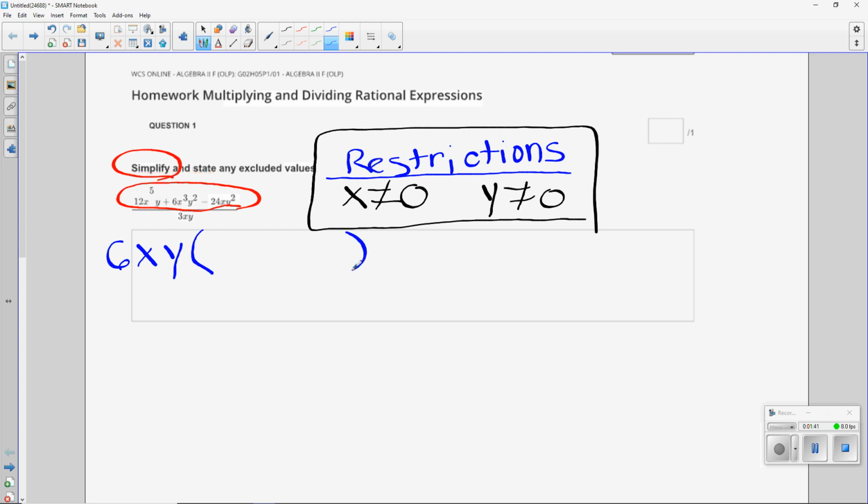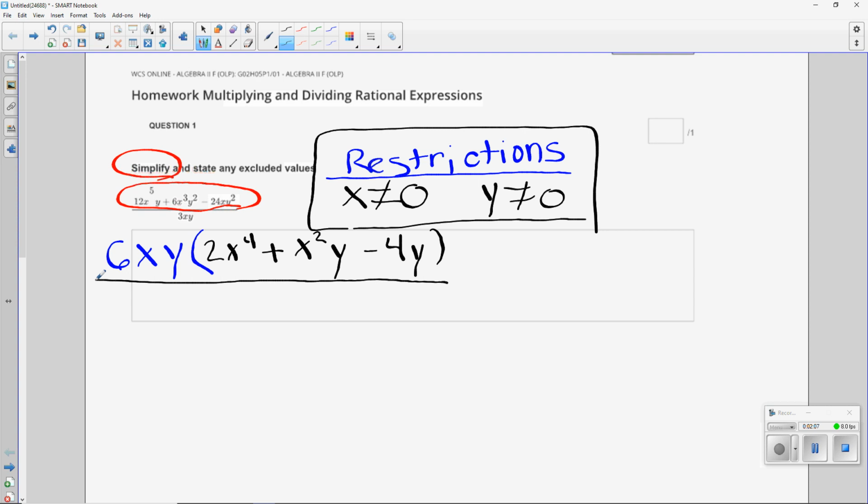And that's going to leave us on the inside of the parentheses 2x to the 4th plus x squared plus y minus 4y.